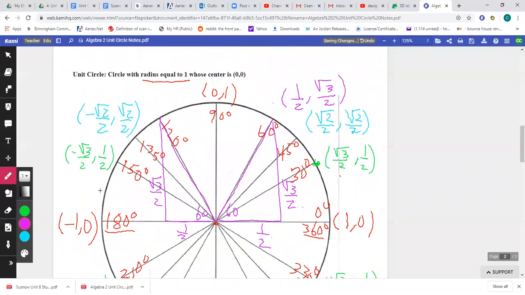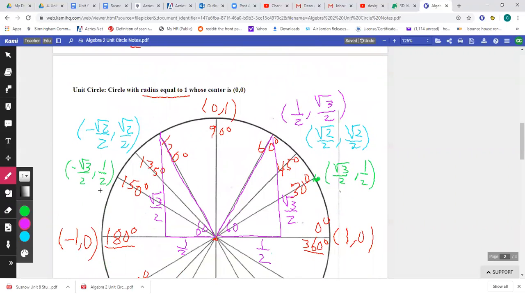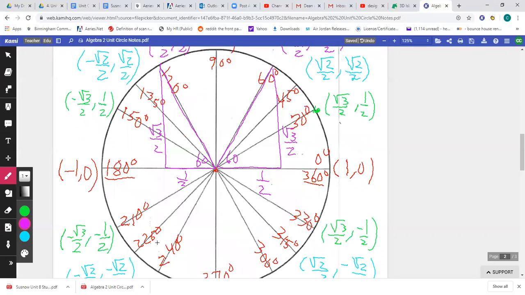But remember, going to the left first means that this point is negative 1/2, √3/2. If I draw a 60-degree angle here, that's 1/2, this is √3/2.